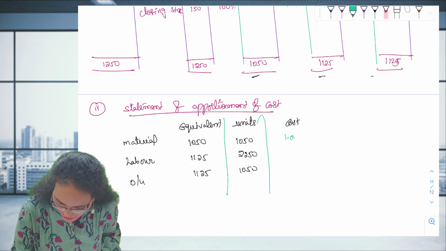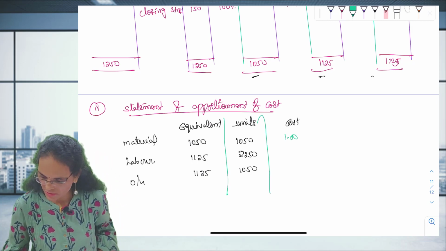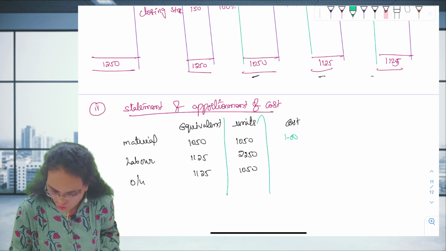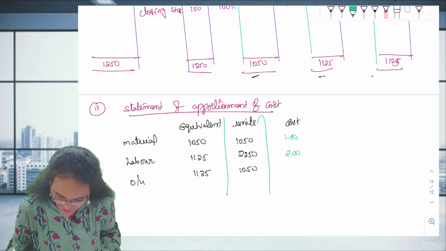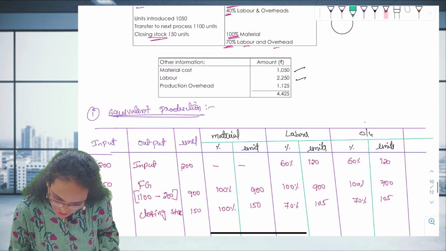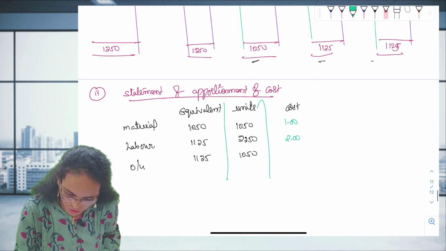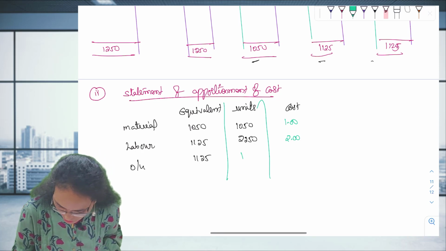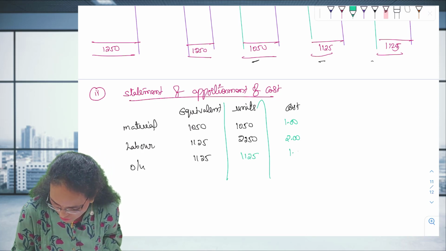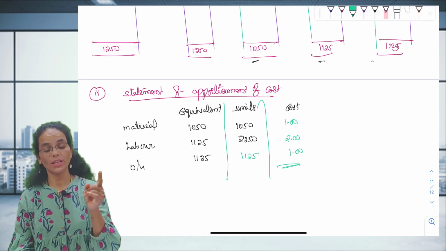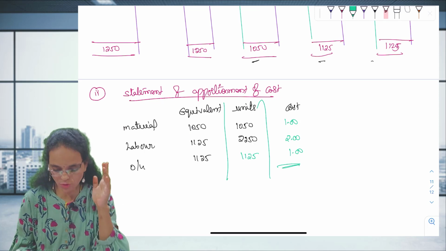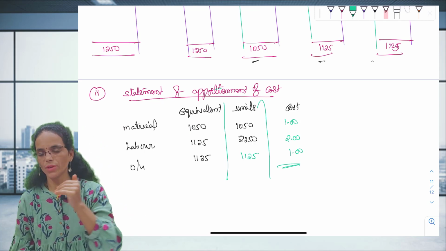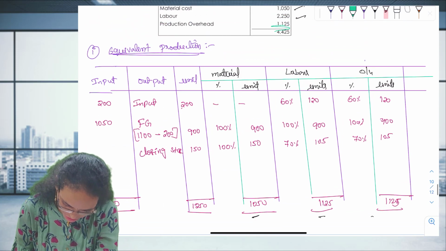This is 1 rupee, this is 2 rupees, and 1125, I wrote it wrongly. 1125. So 1 rupee. So this is the apportionment of cost for the material, labor and overhead for the equivalent production.